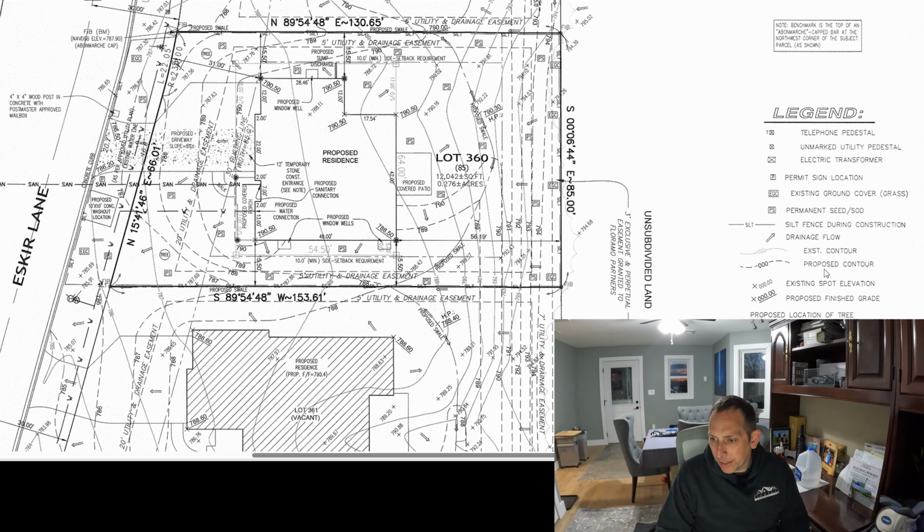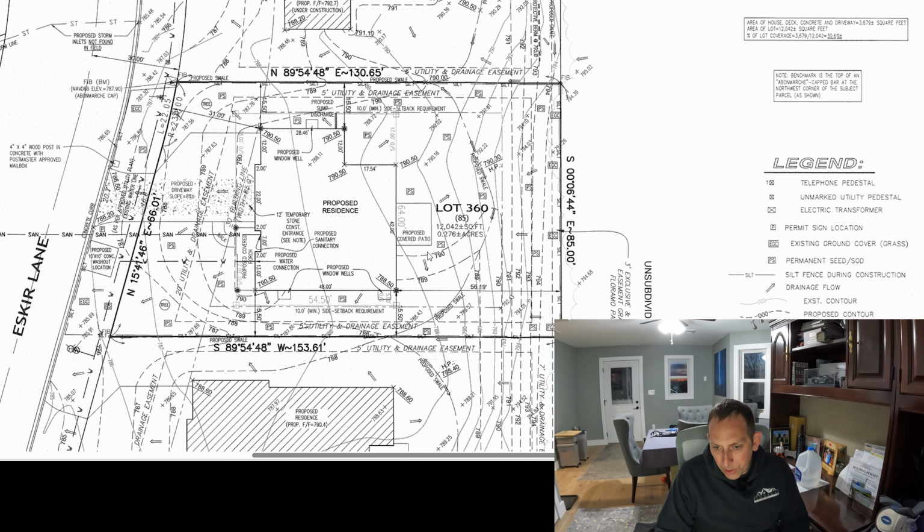And then the dashed lines are the proposed contours. So you're going to see where, like, this 790 here is a proposed that comes in and ties into a 790 existing, right? And then you've got a 789 that ties into an existing 789. And you're going to see these drainage flow symbols that kind of point away.